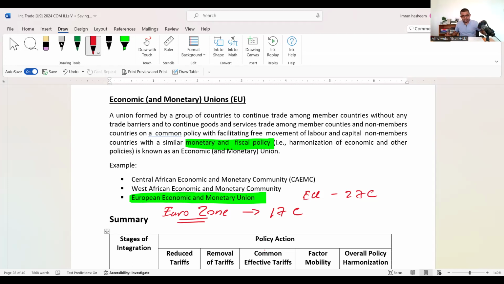Now, when the UK was in the European Union, they still used the sterling pound. They did not use the Euro currency. They had their own currency. So remember, not all countries in the European Union use the Euro. Only 17 countries use it, and the countries that use the Euro we call the Eurozone.